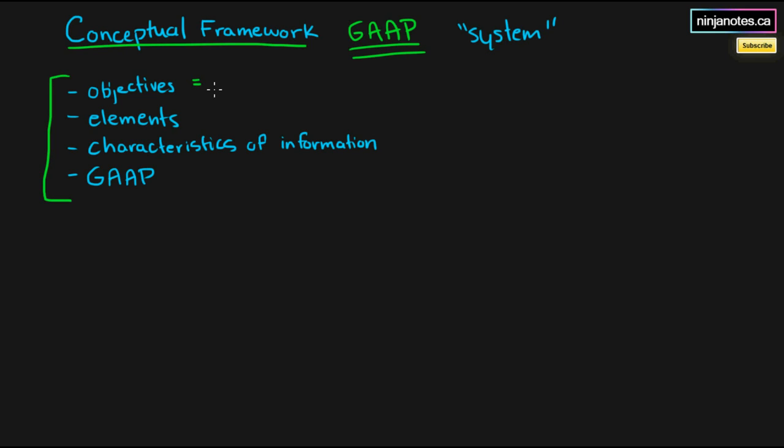The first is the objectives of financial accounting, which has to do with reporting assets, liabilities, and equity, the changes within these different elements, and essentially reporting the performance of the company.